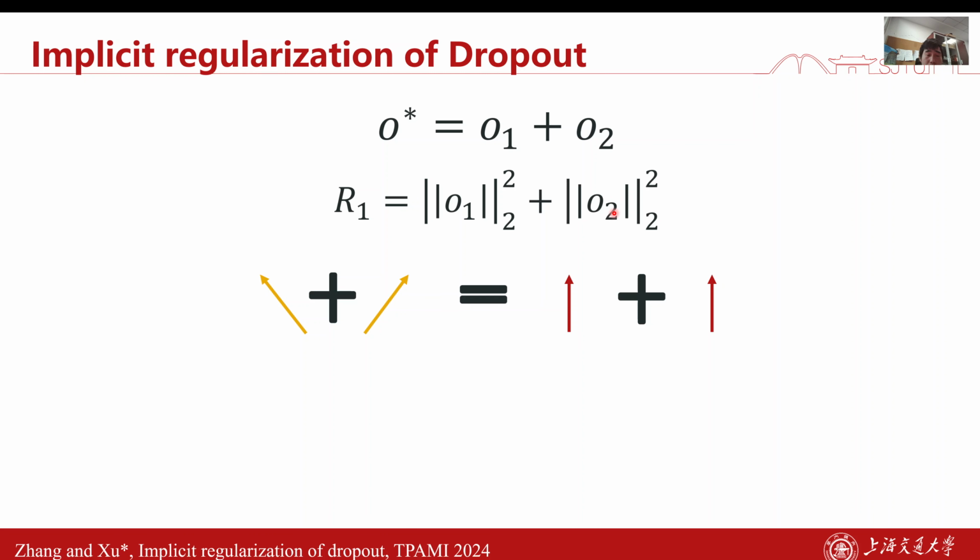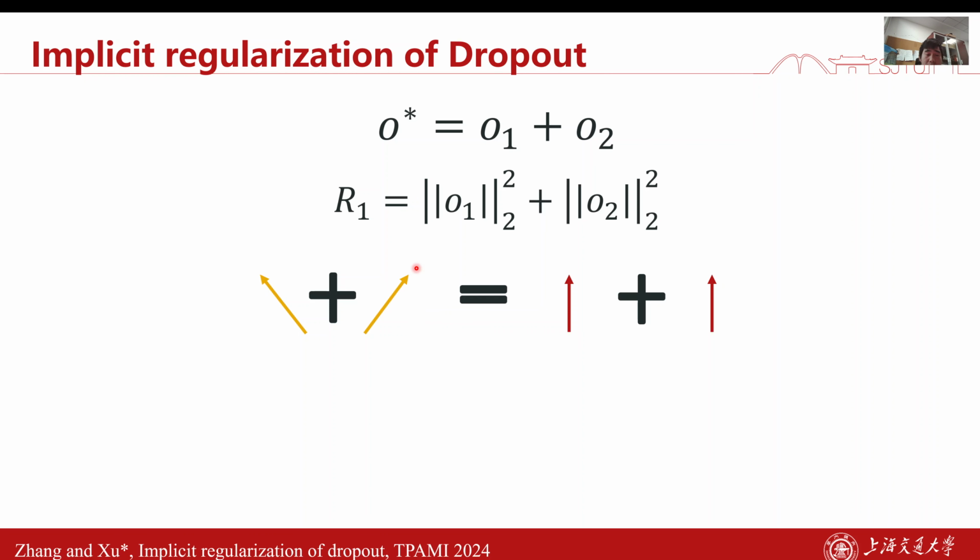So actually, we require two vectors that can fit some specific vector, and we also require their amplitude sum to achieve the minimum.